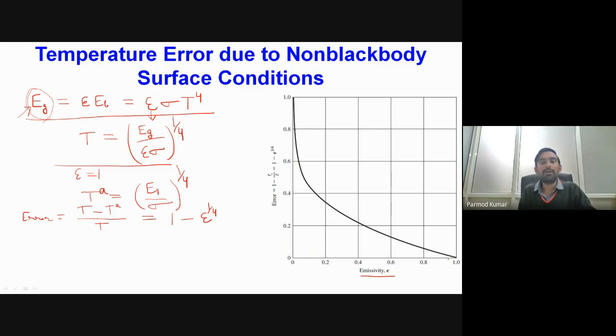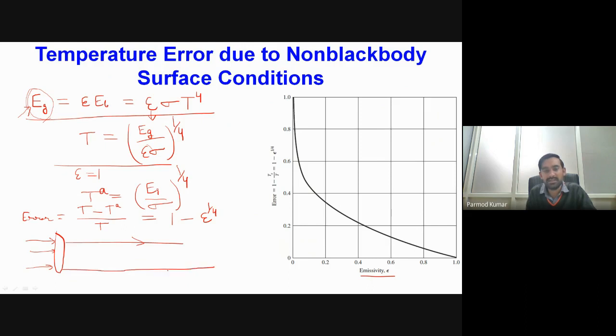Now one more arrangement which can be employed for determining the emissivity of the surface, let me describe that also. Whatever radiations are coming from the surface, we can pass through a lens which directs these radiations as parallel beams onto another reflector.